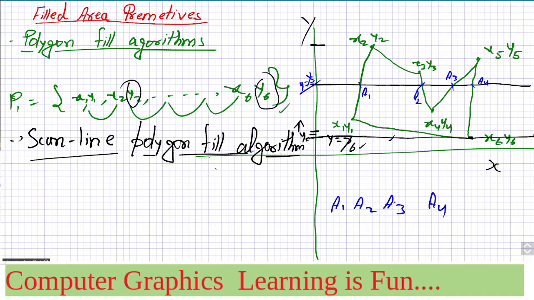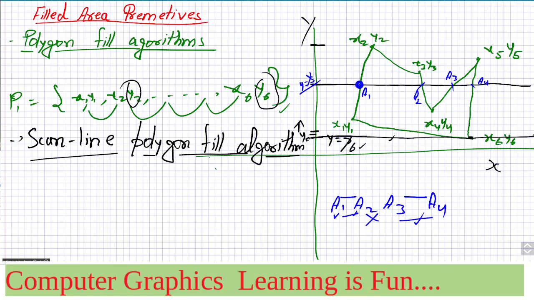Now what you have to do is fill the alternate positions. You will start filling from A1 through A2. You will not fill between A2 and A3. Again from A3 to A4 you will fill. Fill means highlight or shade. Okay, so these are the coordinates where you need to shade, right?